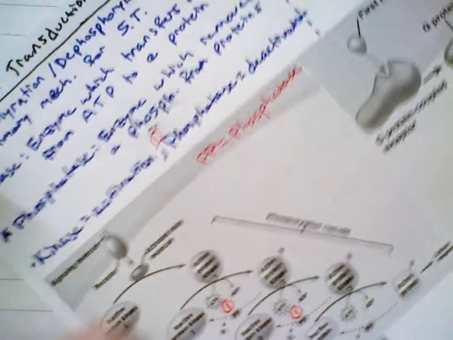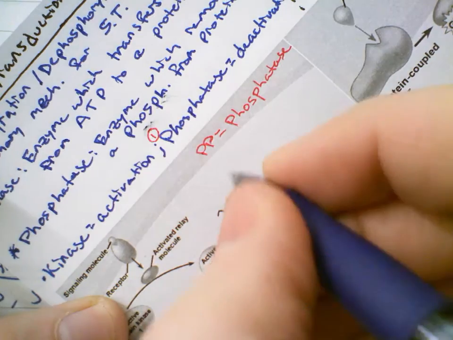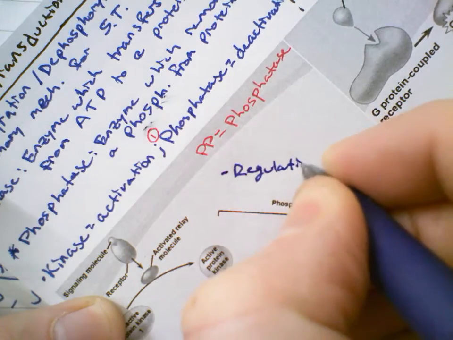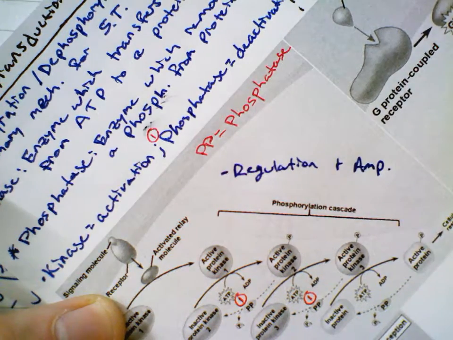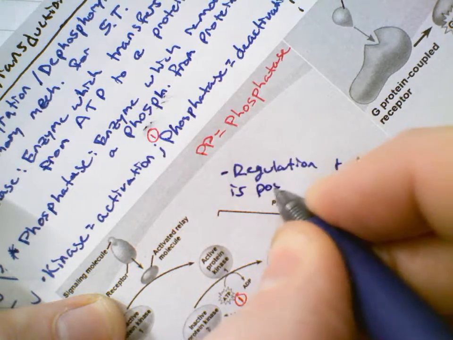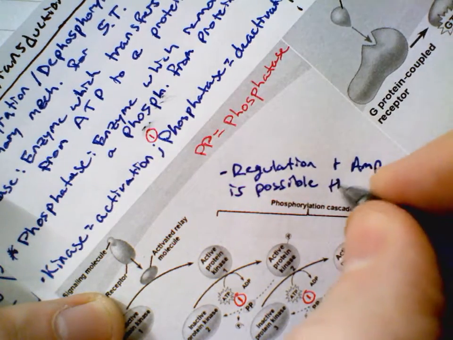And one thing I want to add here where it says phosphorylation cascade is this is where we can get a lot of regulation and amplification. So regulation and amplification is possible throughout the cascade.